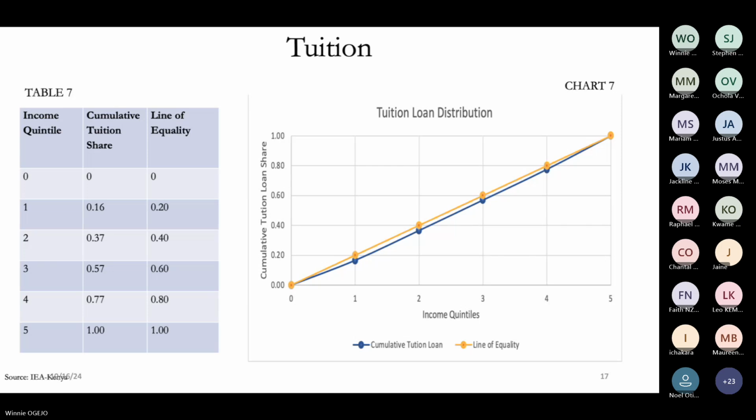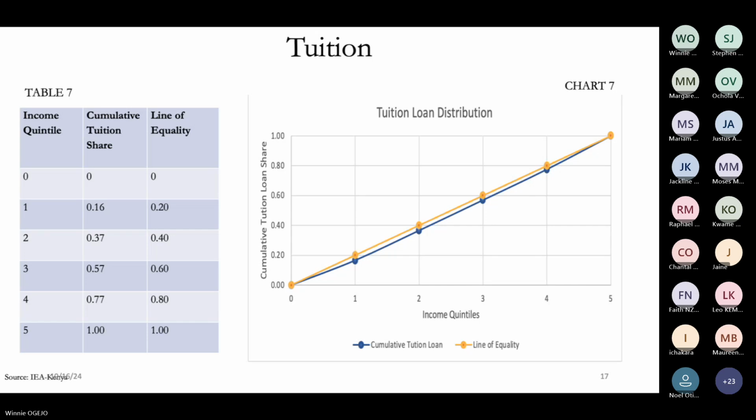And that's from quintile 1 to 5, 1 being the lowest income group and 5 being the highest income group. Ideally, in an equity where this loan is distributed equally, we would have each quintile receiving 20% of the share.